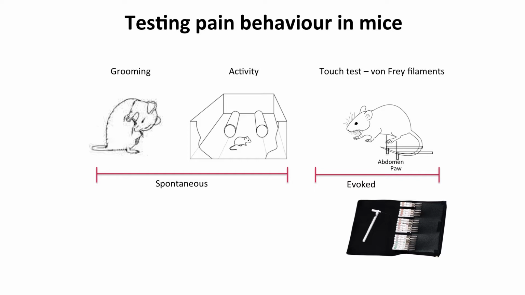So the mice in their home cage have a tunnel present, and we can record the number of times the mice go in and out of the tunnel, which is in the centre of the cage. And we also use evoked behavioural tests, and these are von Frey filament touch tests.